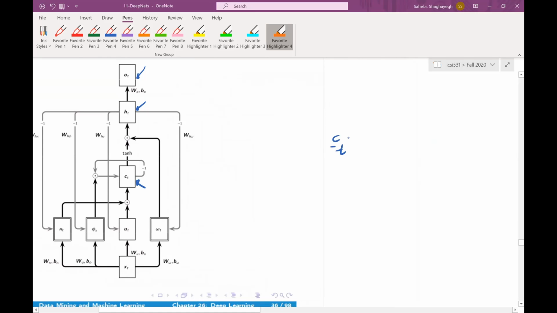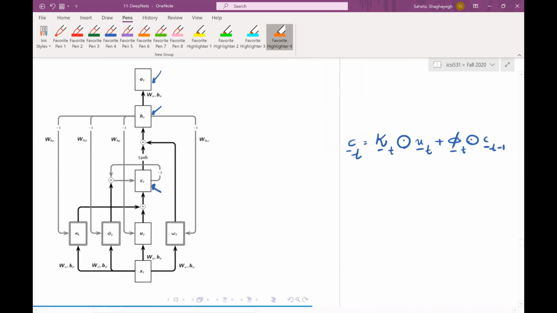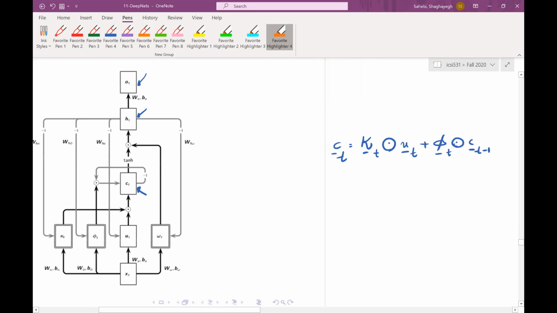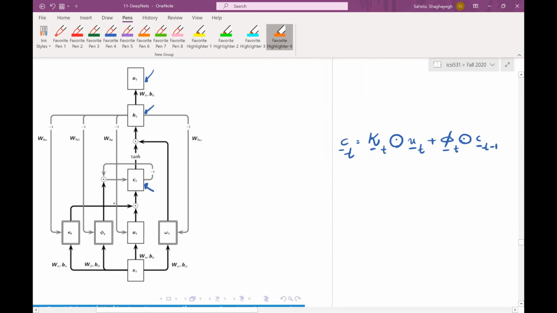Okay, now C_t is going to be calculated like this. C_t is kappa_t element-wise product with U_t, plus phi_t element-wise product with C_{t-1}. You can see it in the picture also.